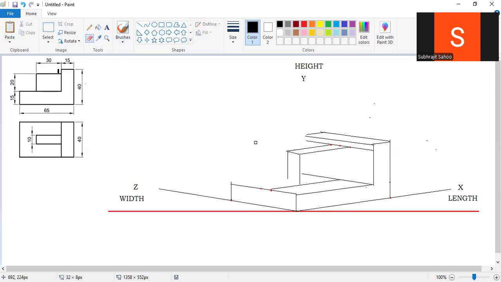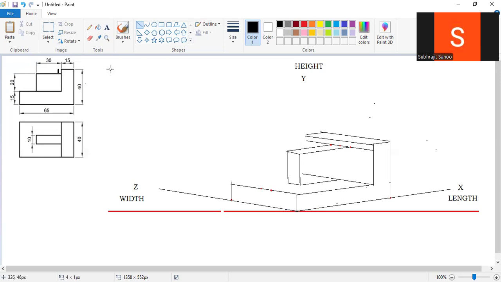Okay. Now this line is not required at all. Erase this line. So join here, okay, joined from here to here.